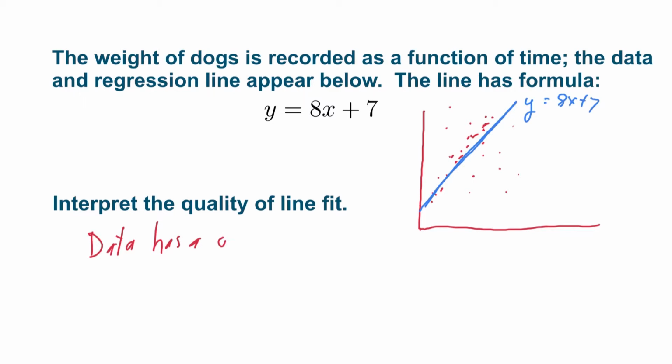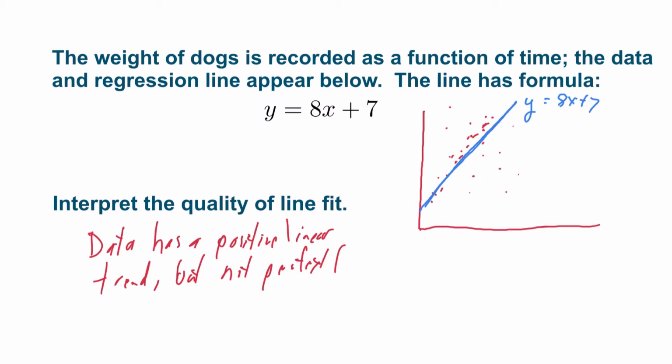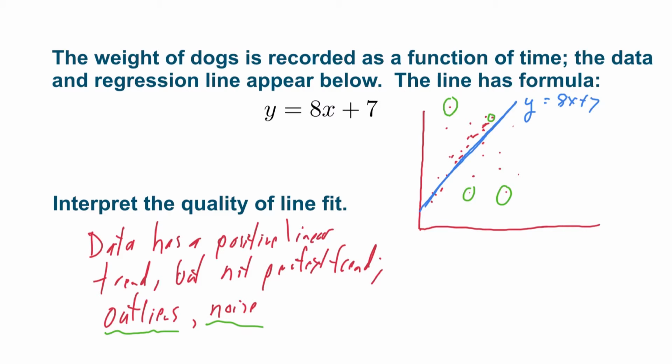So the data has a positive linear trend, but it's not a perfect trend. There are what you might call outliers, points that I'm going to circle in green here, that very strongly buck the trend, and also noise points that are close to fitting the trend.